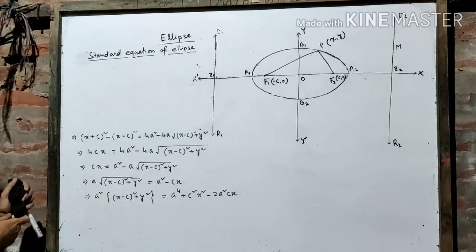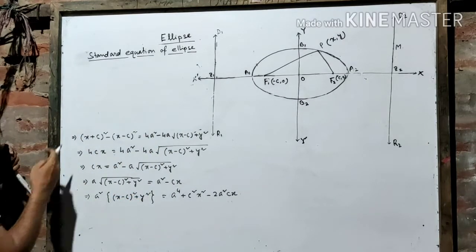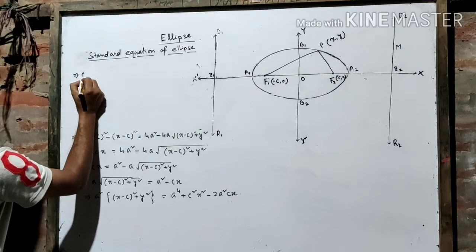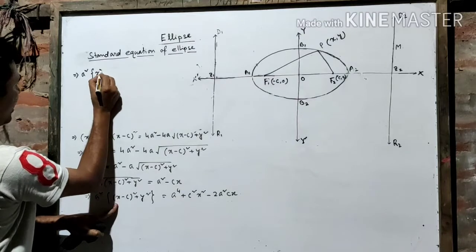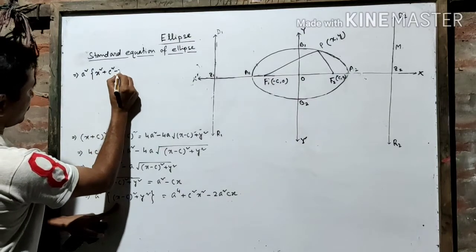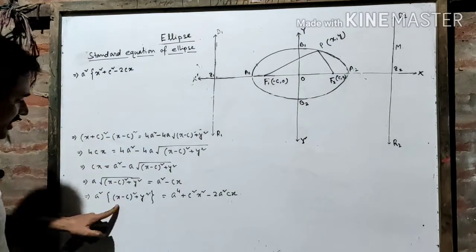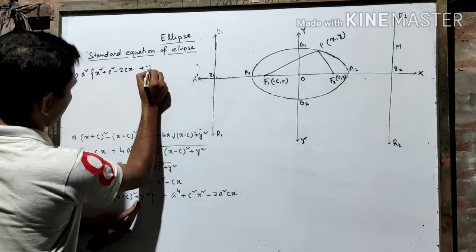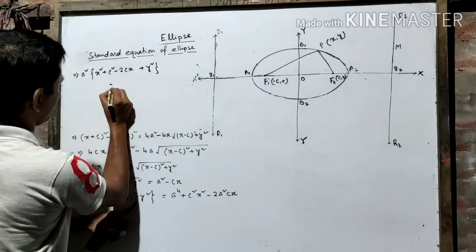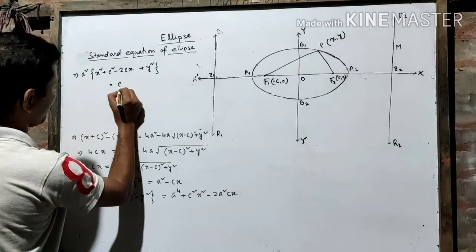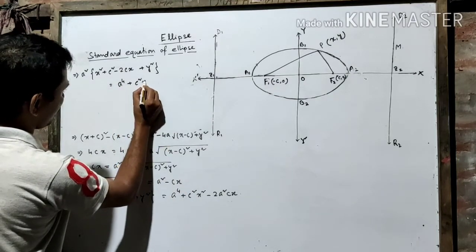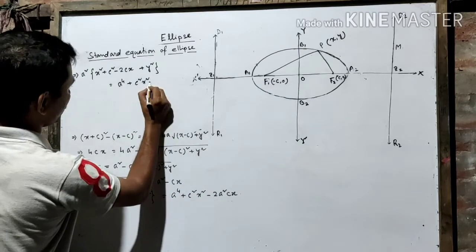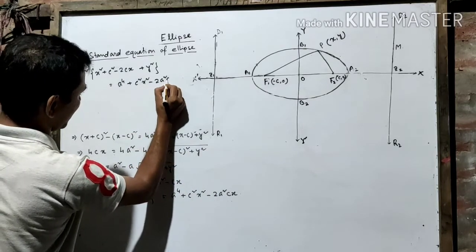Now expanding this quantity, we will get a square into ((x minus c) whole square, x square plus c square minus 2cx) plus y square is equal to a to the power 4 plus c square x square minus 2a square cx.